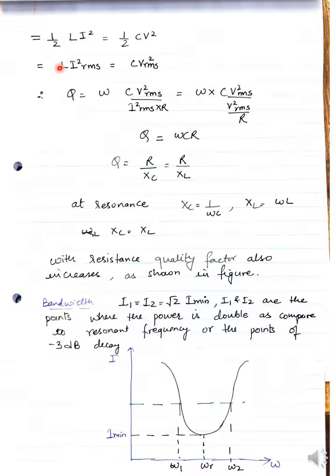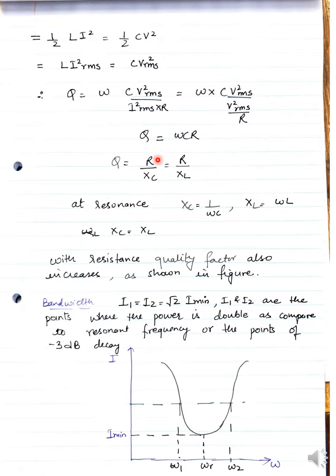So we can say it equals Li square RMS or CV square RMS. Therefore Q is equal to omega into CV square RMS divided by I square RMS into R. Or if you need to write in terms of potential, then it will be V square RMS divided by R. This will cancel with each other. So Q will be equal to omega CR.